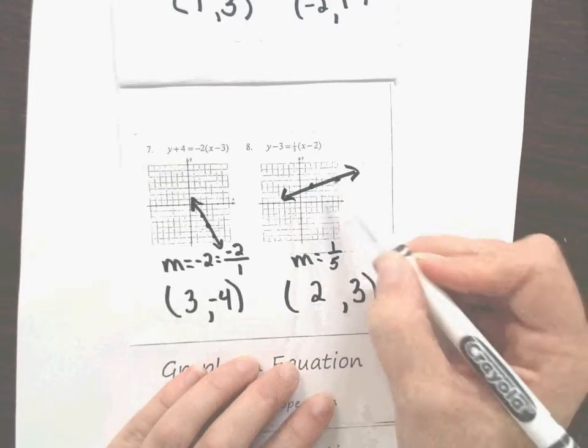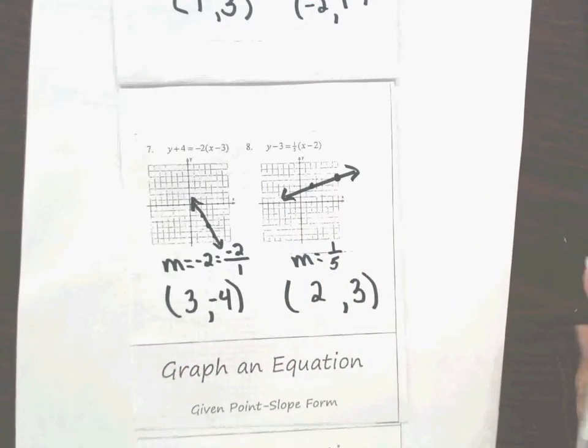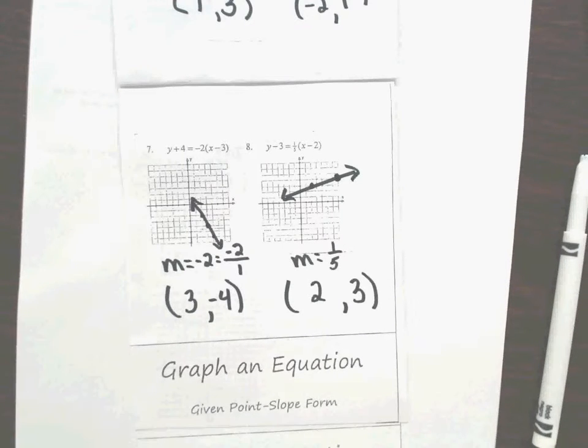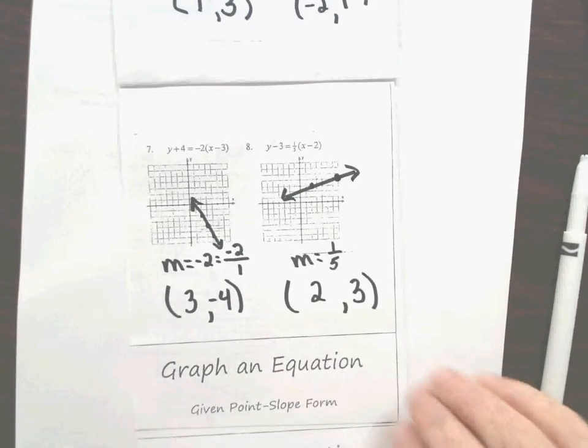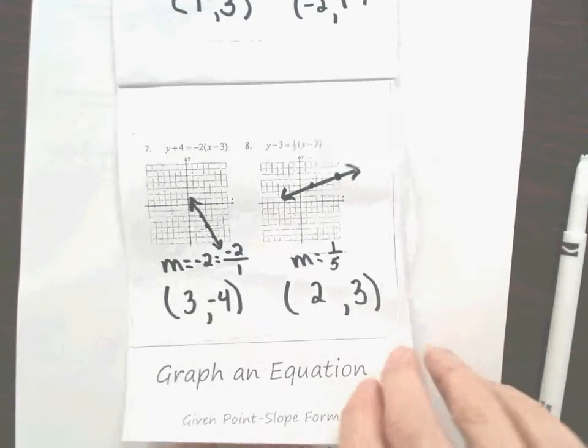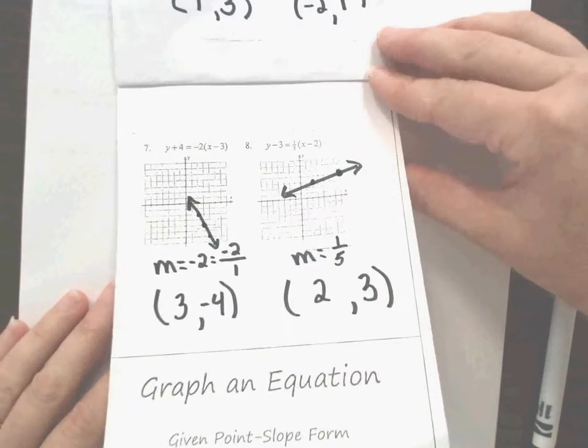It looks like that. If you're confused on how to graph an ordered pair, that means you need to spend some time in the morning or after school with me, because that's previous knowledge that you're going to need help reviewing.